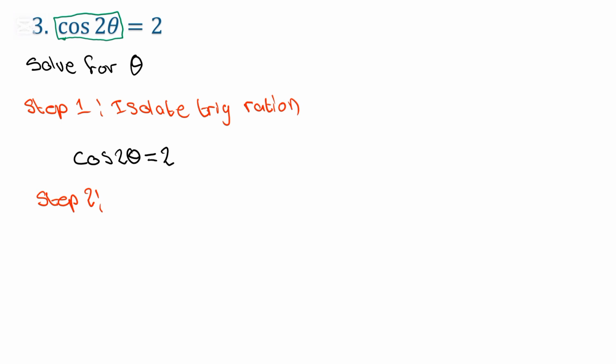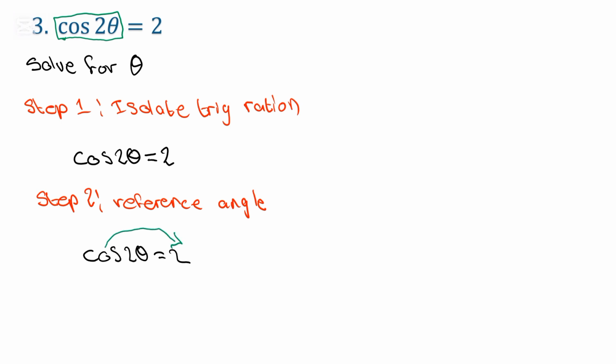Given cos 2 theta is equal to 2, you need to take your cos to the other side.